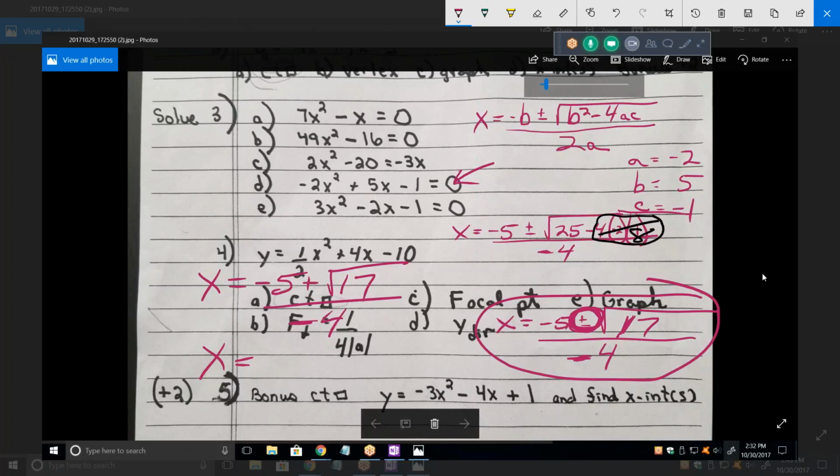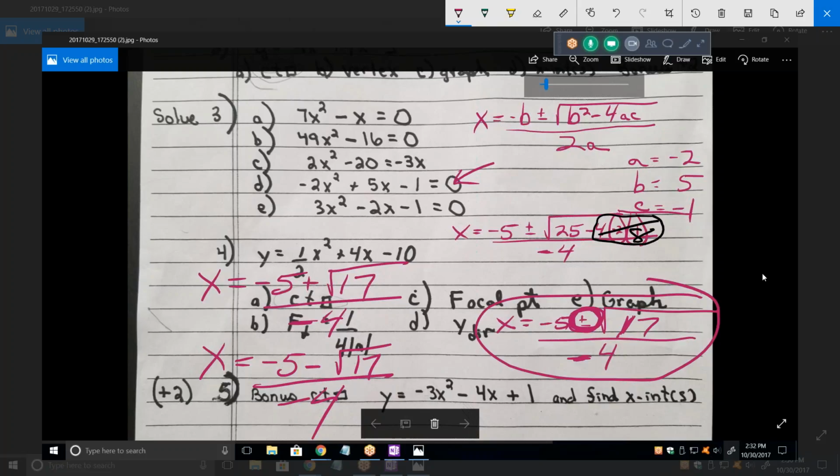So you have the plus or minus. Okay. That means one answer is plus, the other answer is minus. Yeah, that's what I was getting at. That's what that means. So the second answer is what? So -5 minus 7 times the square root of 17 over -4. Exactly. Okay, that makes sense. And that's what that plus or minus means.